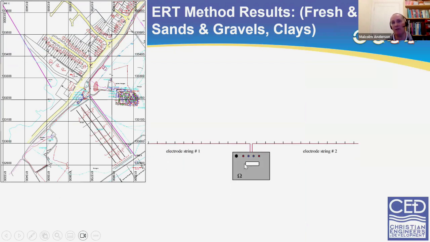You connect them all up, and then the instrument measures between each of the electrodes to get the resistivity of the ground. And there were two lines that were done, one here, and you cross the main road, and there's another line here. And the other key bit of information is that this here is the beach, salt water is here. So essentially our concern here is, is the water in this area going to be salty? Is it going to be suitable for boreholes or not?